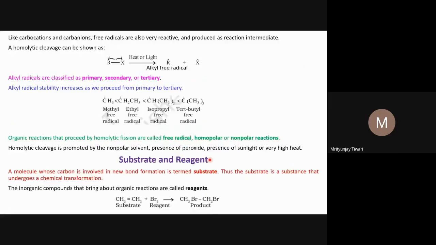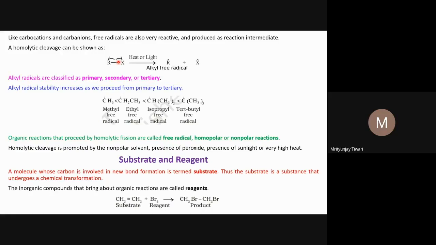So the presence of high heat or sunlight promotes homolytic cleavage even of a bond which is polar, and so does the presence of a peroxide catalyst. It promotes homolytic cleavage because in the peroxide O-O bond there is no difference in electronegativity.